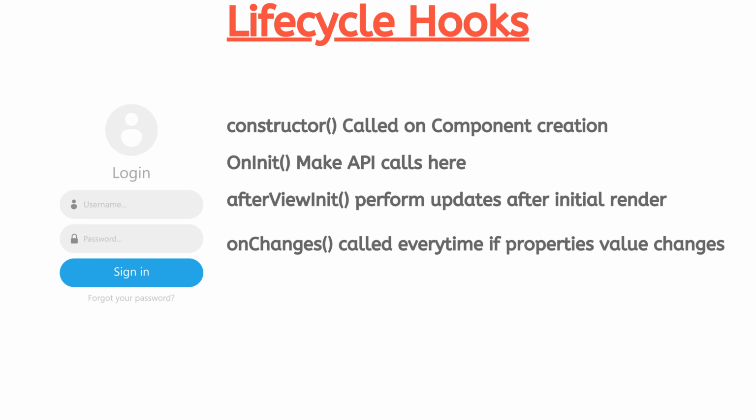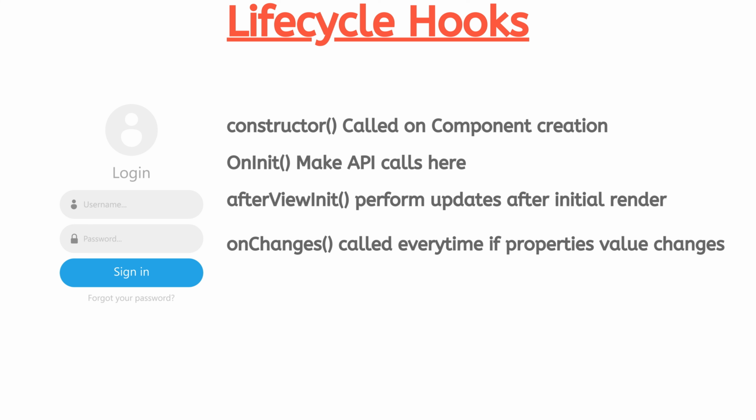When you start typing username, the ng on changes method is going to be called. At the same time, when you start typing password, again it will be called. So any change that occurs to the properties of the component will by default trigger ng on changes, and within ng on changes it will get hold of two parameters, which are the current value and the previous value.